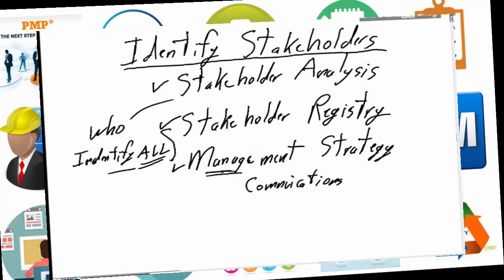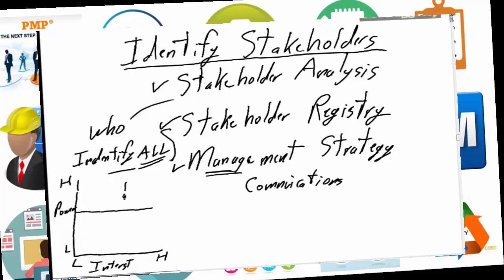A key concept introduced in this release of the PMBOK guide for stakeholder management is to develop a grid for our stakeholders. And I'm going to do this very quickly and very small due to the lack of real estate. You put the interest of the stakeholders from low to high on this axis, and the power or influence of the stakeholders from low to high on this axis.